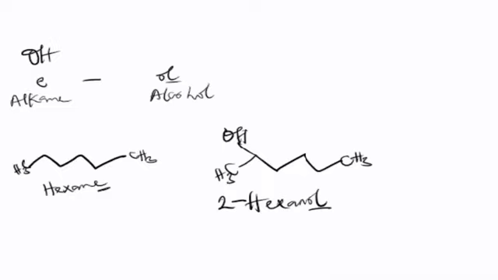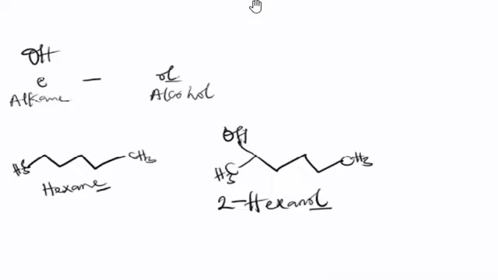Alright, the second rule actually explains this more. The second rule says the position of the OH group is indicated with the lowest possible number. Now notice that from this example, I did not count from here 1, 2, 3, 4, 5, 6.